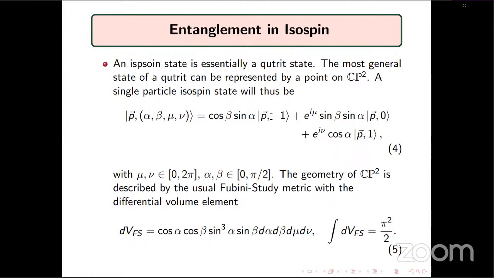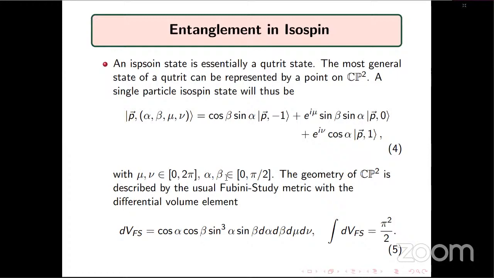Here |P,-1>, |P,0>, |P,1> are the basis qutrit states, the eigenstates of I3, the z component of the isospin. These angles satisfy these ranges.